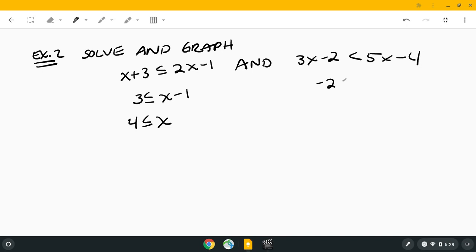That will leave me with negative 2, 2x minus 4. I will add 4 to both sides. And now I will divide by 2, both sides. Okay, so these are the two inequalities that I need to graph.